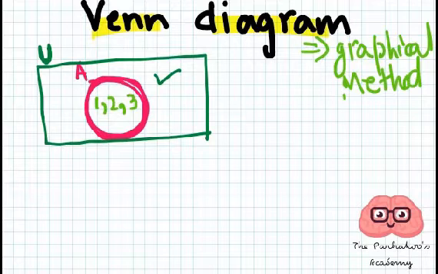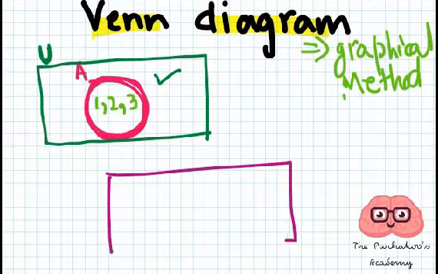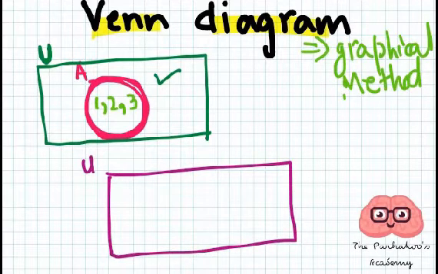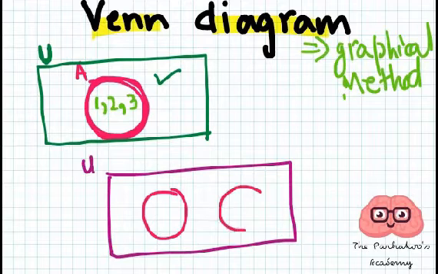But if we have two sets, then again we draw the universal set, and within the universal set we have different sets, and there could be different kinds of relationships between sets. So let's suppose this is set A, this is set B, and there could be different kinds of relationships that can be shown. We are going to discuss it in detail.